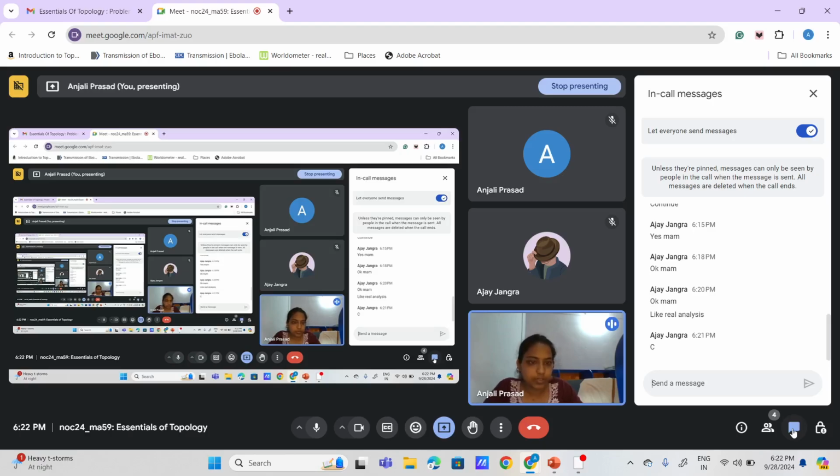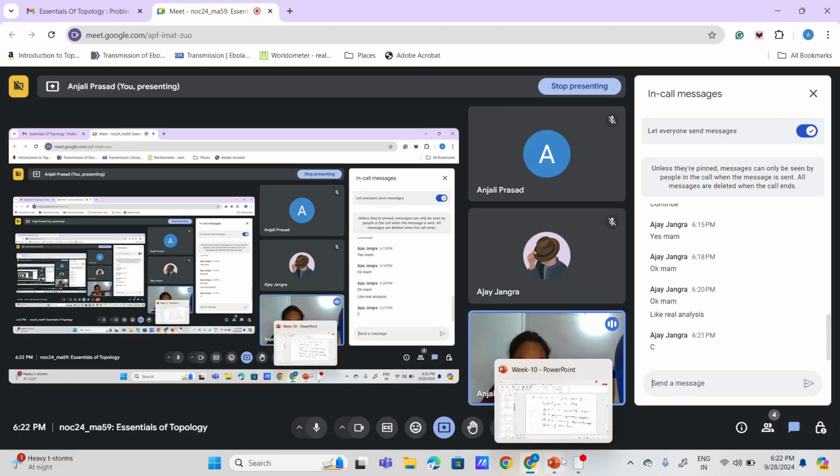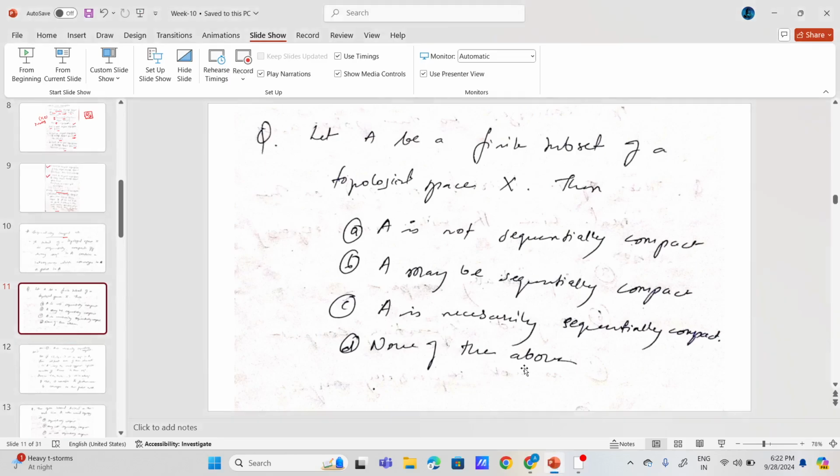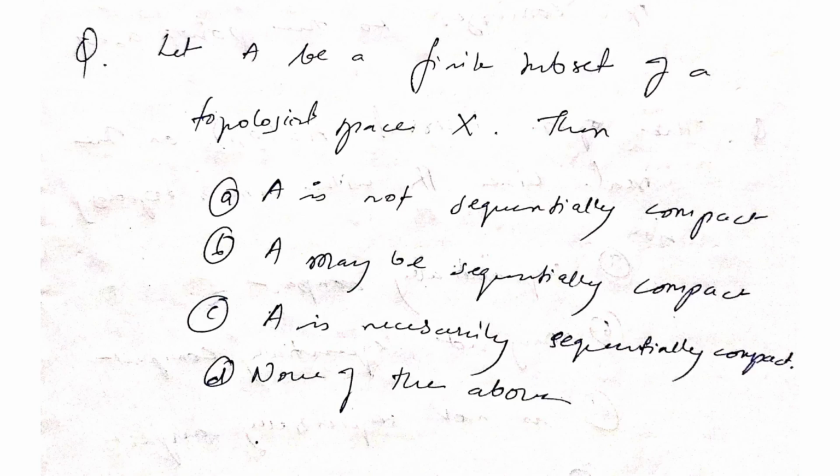So you're saying C. Can you explain why? What will be the reason that A will be necessarily sequentially compact?